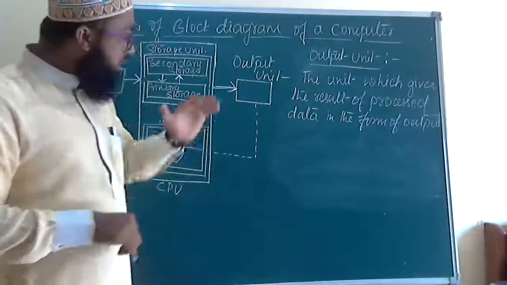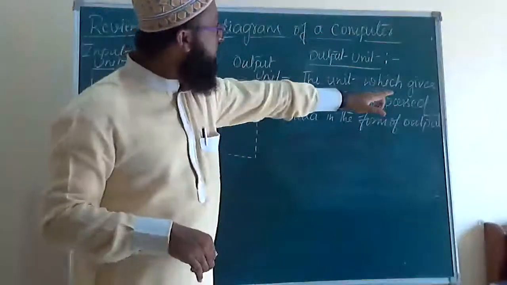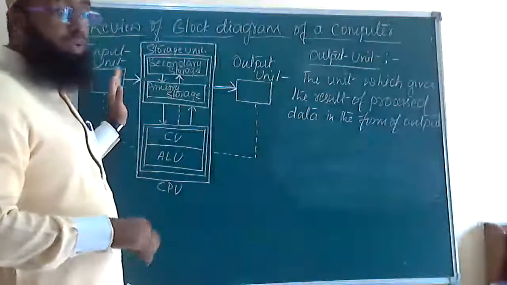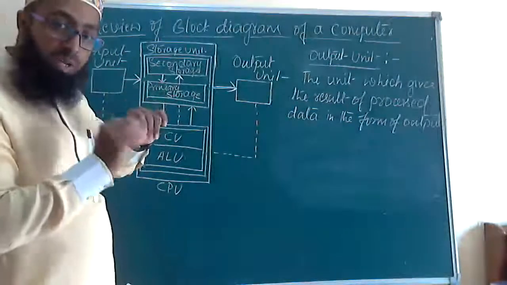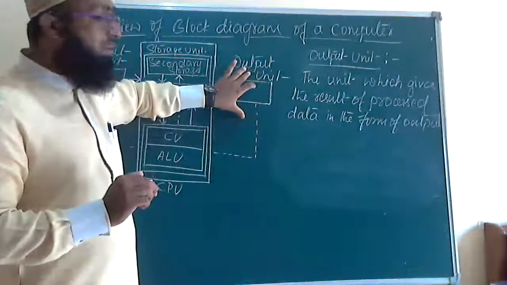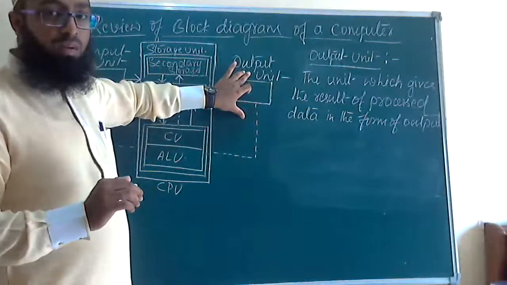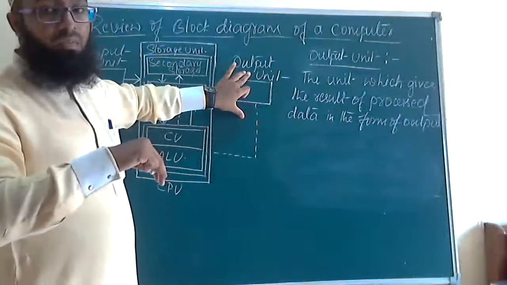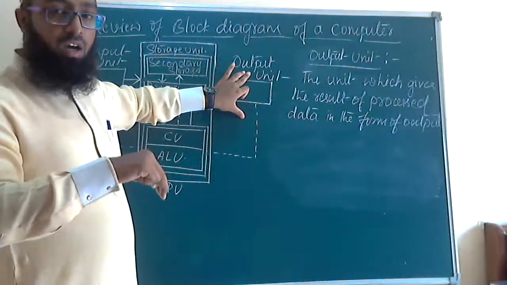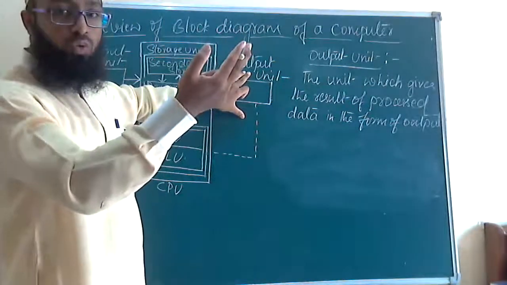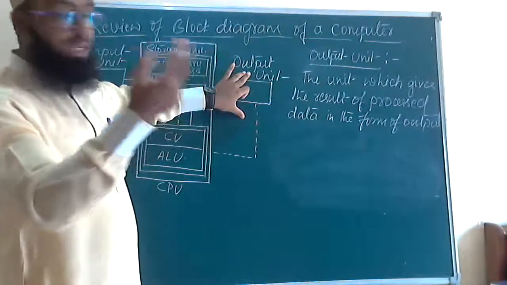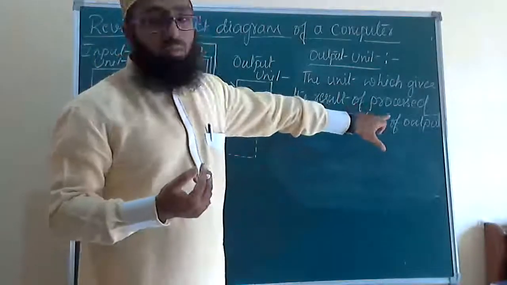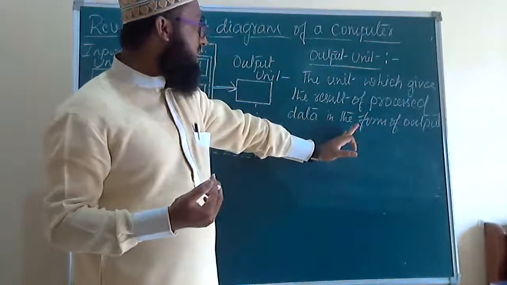The unit which gives the result after processing. If we type something, after typing it will display on the monitor. Before typing, will it display? No. If you press a, after releasing the key only it will show you a. That is called processing, the result of processing the data.